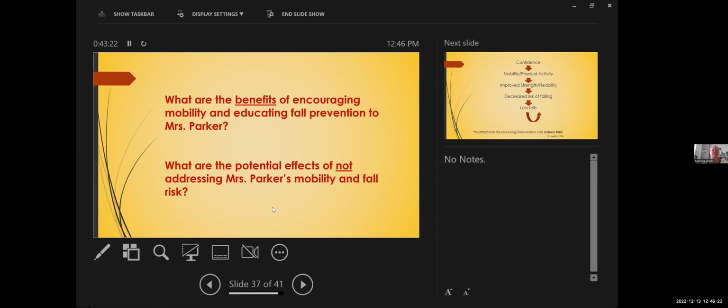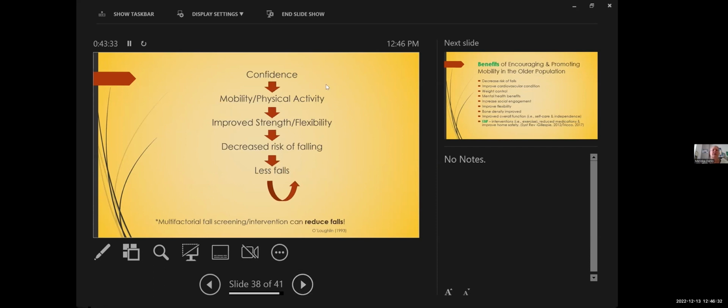And if she's fearful of falling, breaking a hip is going to occur more likely as she gets older. So if we work on the benefits, it would increase her confidence, which would increase her mobility and physical activity, increase her strength and flexibility, which all will lead to decreasing her risk of falling, fewer falls, greater confidence.